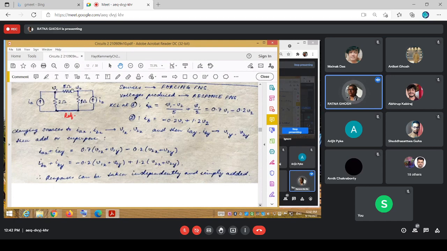Then the corresponding voltages would be V1Y and V2Y. If you were to apply a combined IAX plus IAY and IBX plus IBY, you would be assured of having a combined response V1X plus V1Y and V2X plus V2Y. This would be assured for you by means of the superposition theorem.